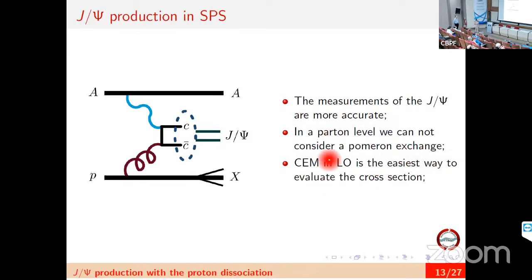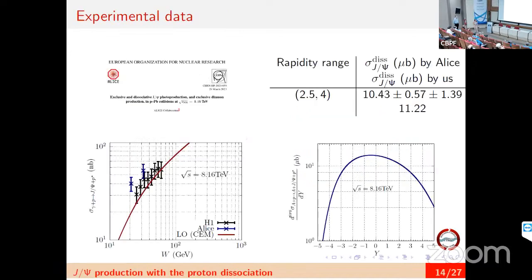Actually, using the color evaporation model, we don't look at the color octet. Yes, that's right. I think this diagram itself doesn't really make sense, but actually this simple model describes it very well.